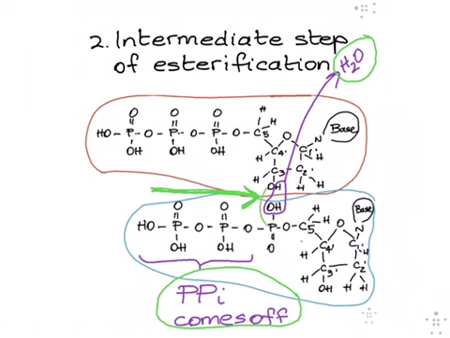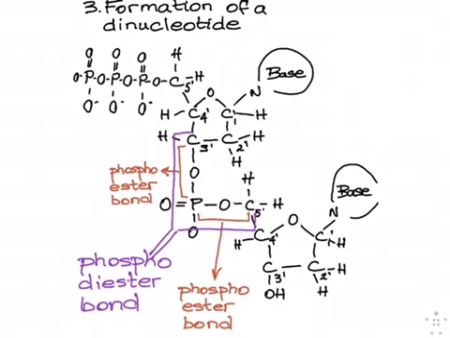And in the third drawing, you will show the final product. So the final product is actually the formation of 2 nucleotides together.